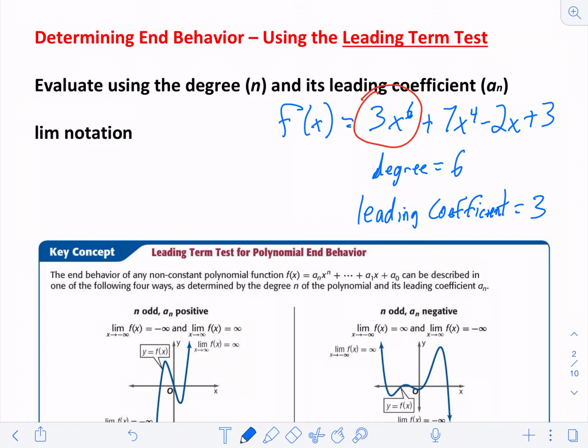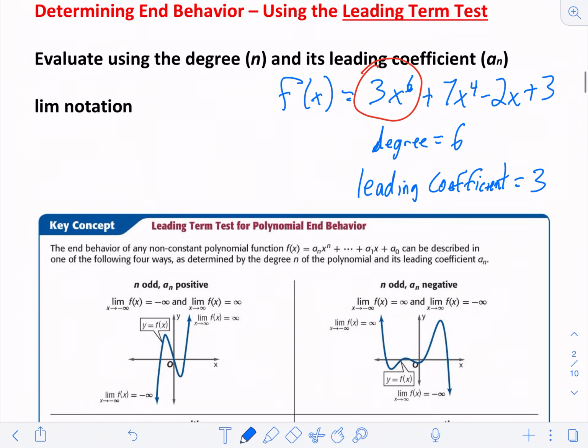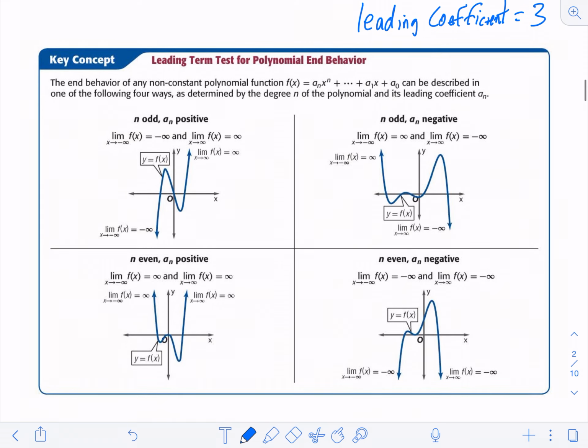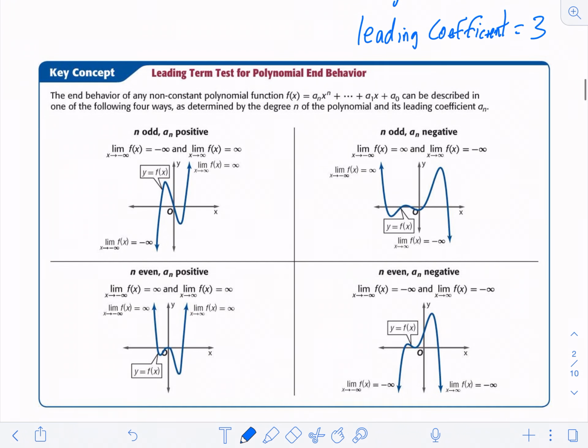So the number in front of the variable is 3, and the degree, or exponent, is 6. Based on those two things, we are going to determine what the end behavior of these graphs is. You can also see this little chart that we have here.